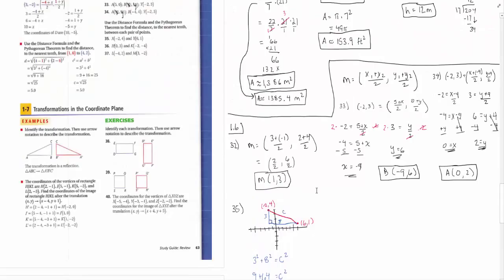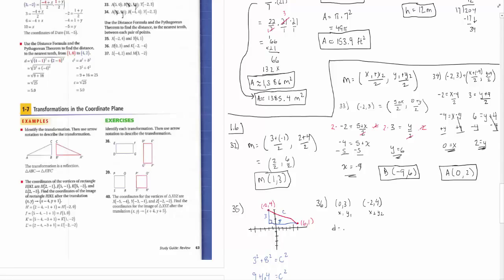Just to show you different ways, on 36 I'm going to use the distance formula. So 36, we have 0, 3, and negative 2, 4. So 0, 3, negative 2, 4. So I'm going to call this x1, y1, and I'll call this x2, y2. I'm going to use the distance formula.